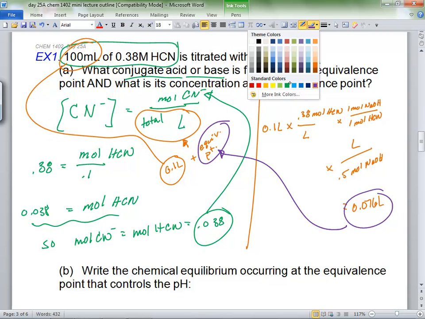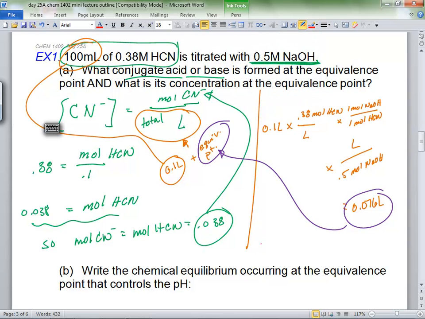So we can get, let's do it in red, the concentration of our cyanide. It would be 0.038 moles all over 0.1 plus 0.076 liters.